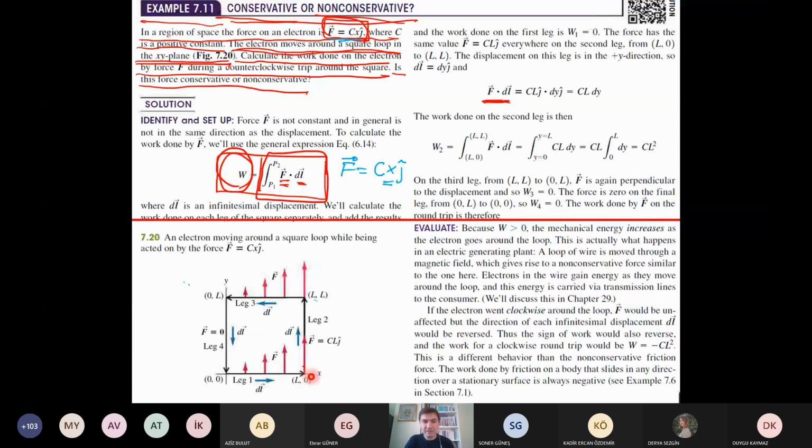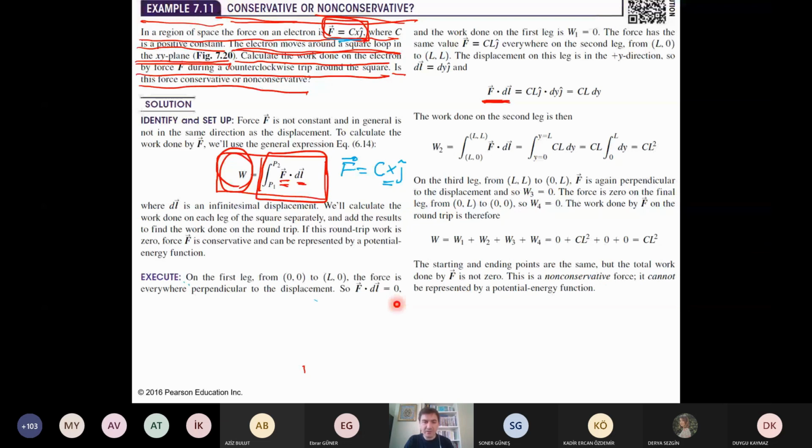Then this scalar dot product will be 0 for leg 1. So the work done on the first leg is 0, because they are perpendicular to each other.